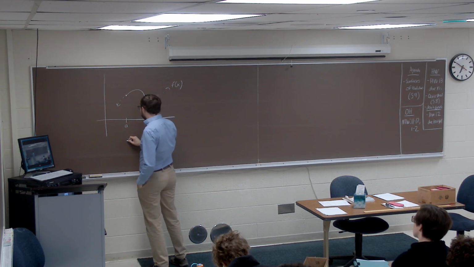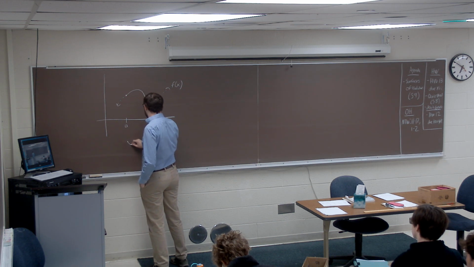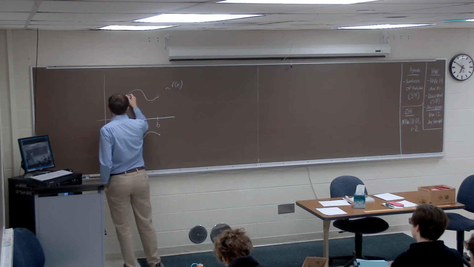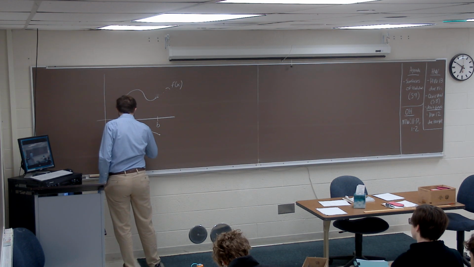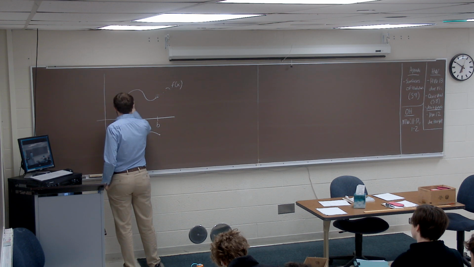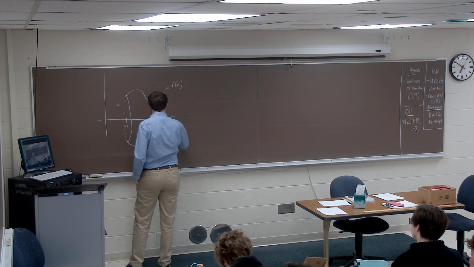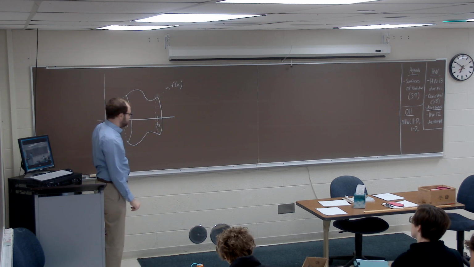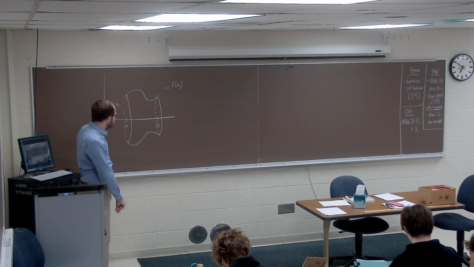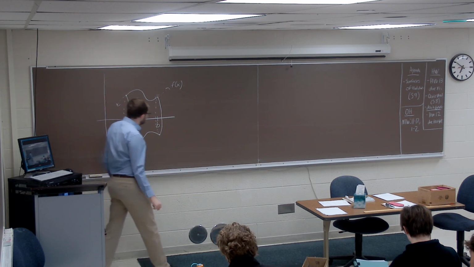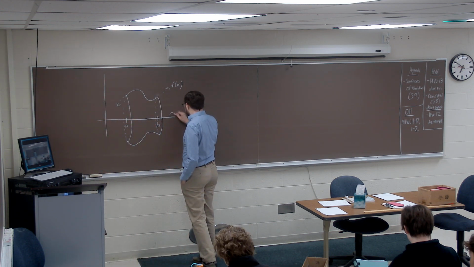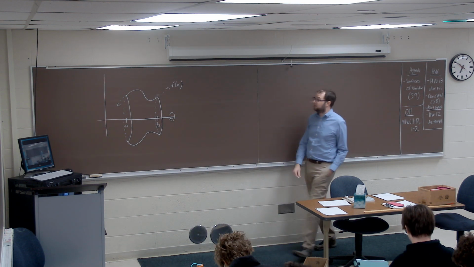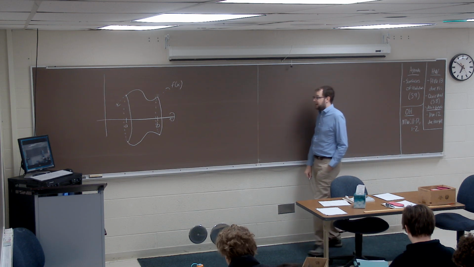So the net effect is we're going to end up with a three-dimensional surface that looks something like this. I'll draw this little arrow here just to show how we've rotated. We've taken our curve and rotated it around the x-axis.